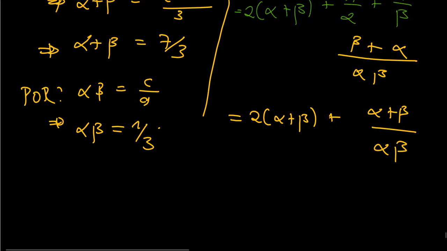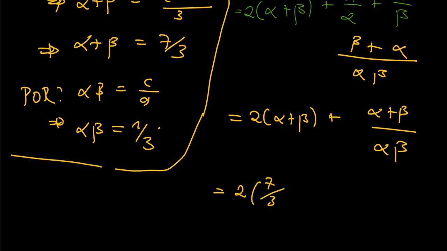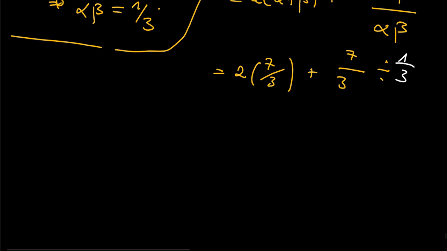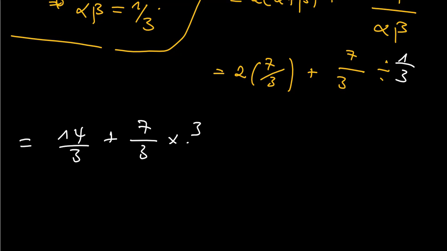This expression has already been simplified, and we know the values of alpha plus beta. So it is 2 into 7 divided by 3, plus alpha plus beta, which is 7 on 3, divided by alpha beta, so that will be divided by 1/3. So this will be the same thing as 14 divided by 3, plus 7 divided by 3 times 3 all over 1.